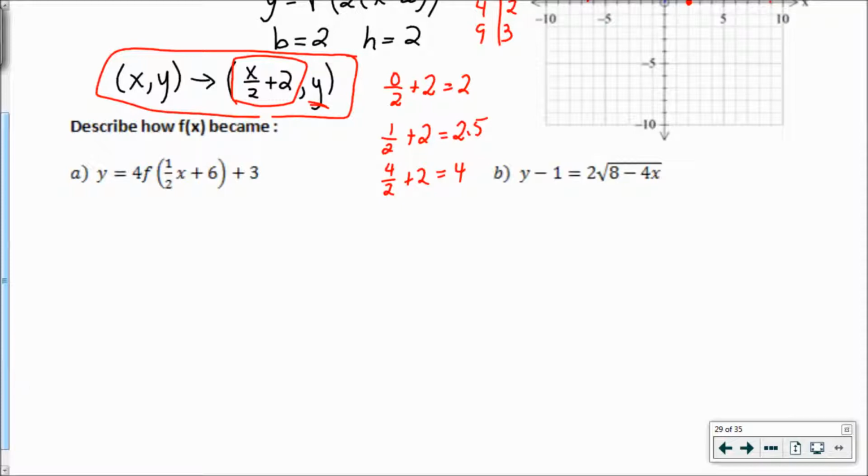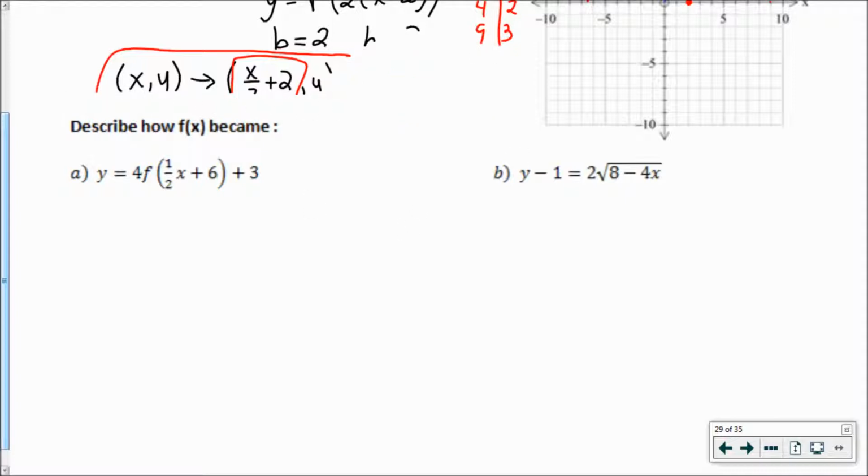Now, very similar task. I might just erase this to give myself some more space. y equals 4f of 1/2 x plus 6, plus 3. And then we just want to say what each thing does here.